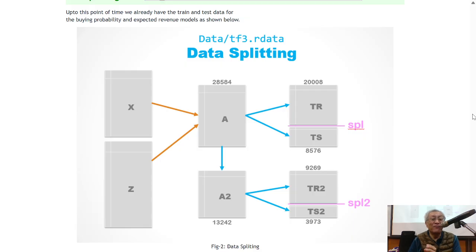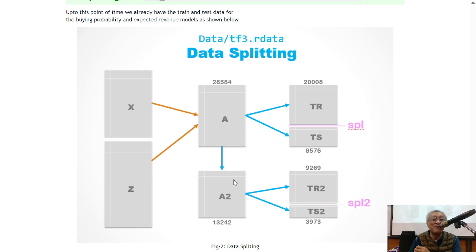But for buying amount, as I told you, only those data who buy in February, okay? Only those customers who buy in February, their data can be used to train the buying amount, right? Because only the data who buy has the number of buying amount, right? And to build that buying amount model, you really need that amount variable, right?